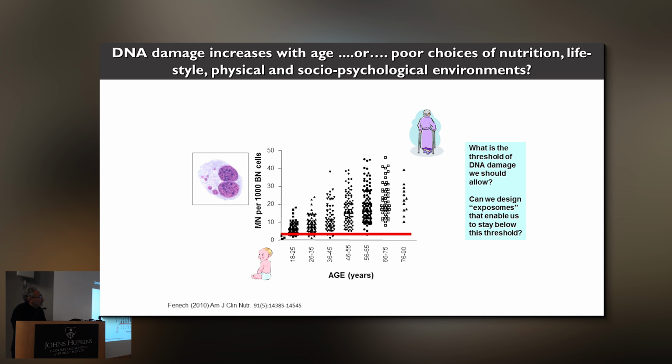What are the costs of doing that? And can we design exposomes across all aspects of exposures, from psychosocial situation to nutrition to environmental chemicals and so on? Can we design an exposome that enables us to stay below that threshold? Okay. So those are the kinds of questions that are my guiding principle in the kind of work we do.